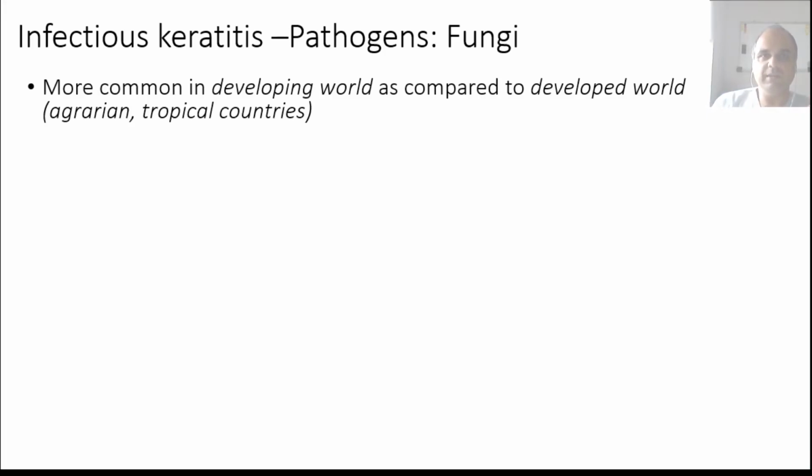Most of our economy revolves around agriculture, and so we should be seeing a lot of fungal keratitis. We don't. It's not that we don't get it. I think, and this is a personal thing, that we simply don't have the diagnostic ability, and our reach of good ophthalmic services usually does not extend to areas where you have the agrarian base.